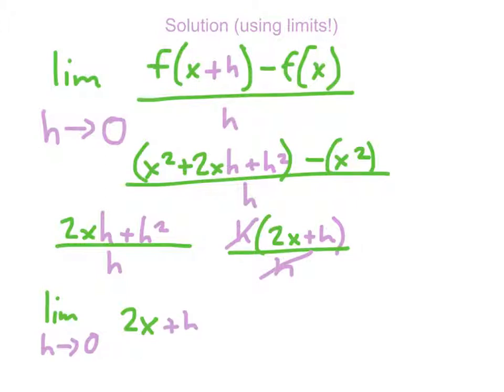And since this is a limit with h going to 0, the h is obviously just going to be 0. And we're going to be left with just 2x. So this is f prime of x. This is the formula for f prime of x.